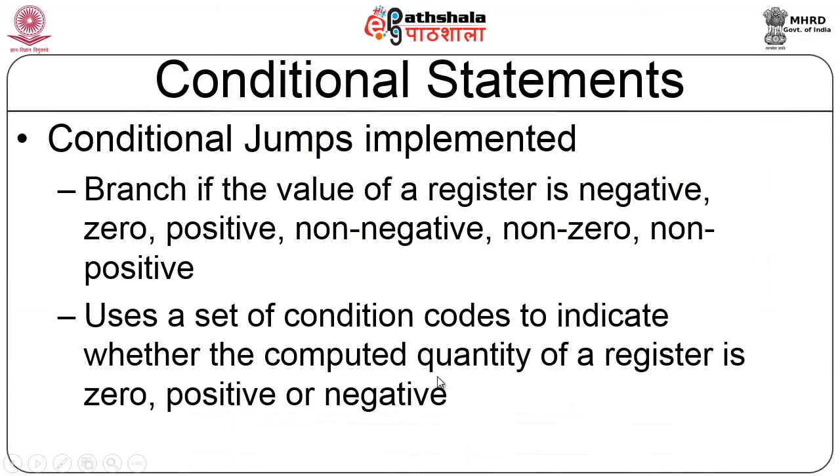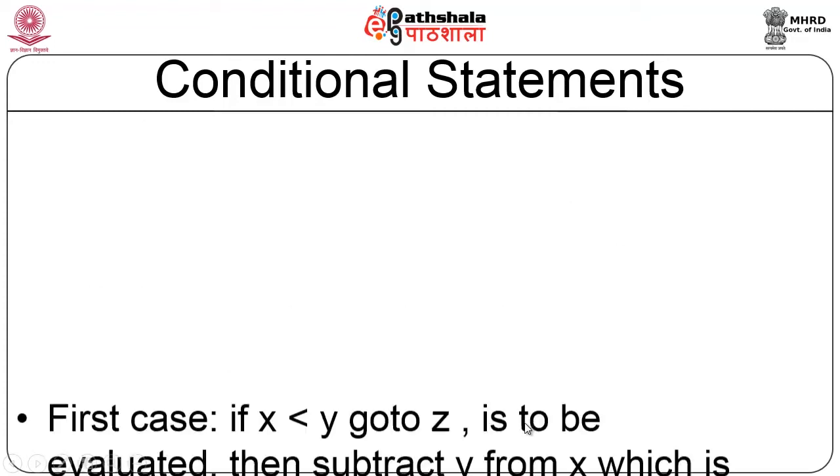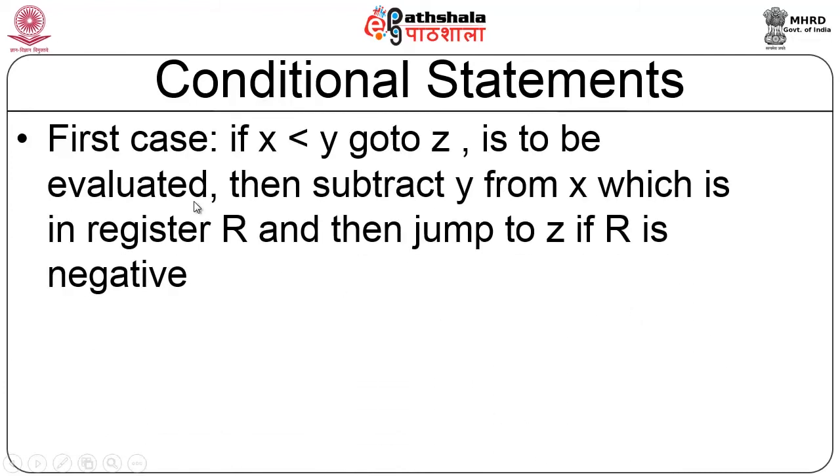Now if it is a conditional statement, I have to issue instructions depending upon whether the jump is going to be negative, 0, positive, non-negative, non-zero, or non-positive. So it uses a set of condition codes to indicate whether the computed quantity of a register is 0, positive, or negative. So here the first case is if x is less than y, go to z.